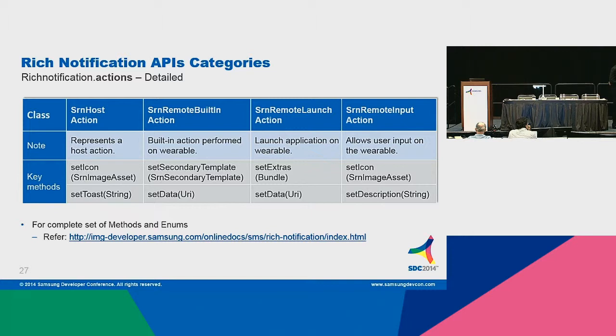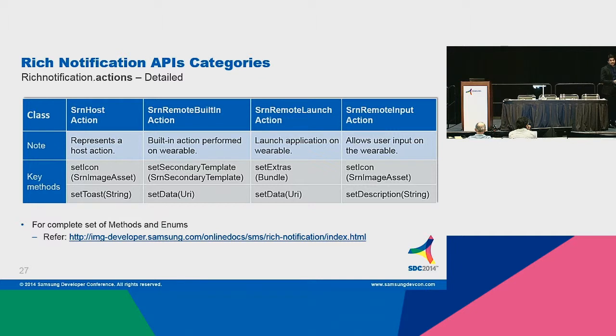Second is the built-in action, where the built-in action is performed on the wearable or the Gear S. The third is the remote launch action, which will launch the application on the wearable. And the last one is the remote input action, which allows the user to input.